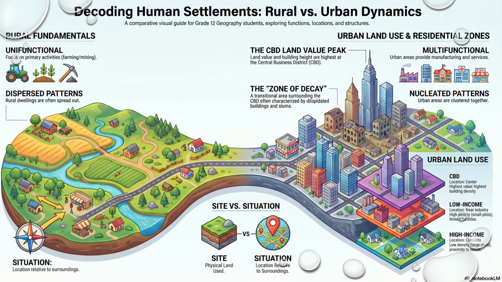But in urban areas, they are always nucleated. They are always clustered. The buildings are always close together. So rural areas are dispersed, but they can also be nucleated, clustered also. Urban areas, as you can see, are always nucleated.